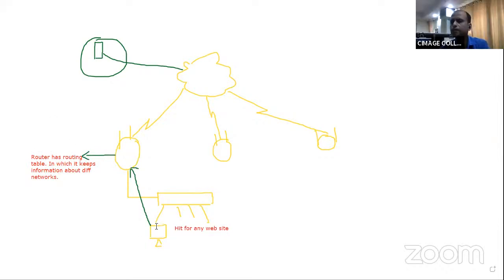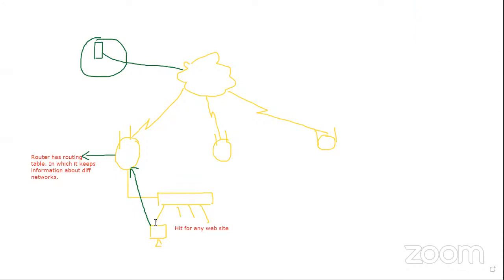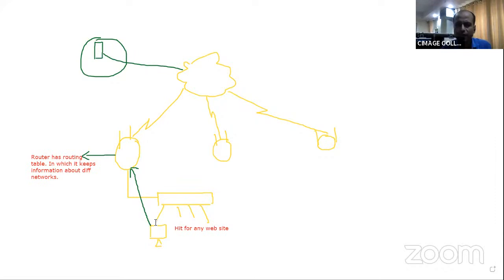This user hit a particular network, and this network information is available in the router. That's why its request goes to this particular server, from this to ISP, and then ISP to the server.